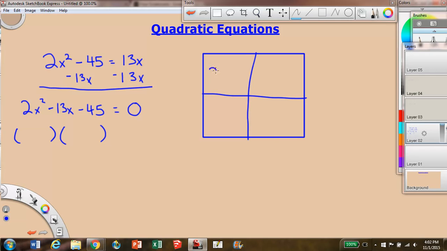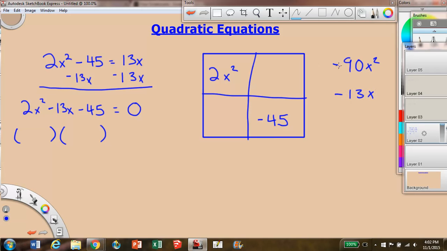So top left is going to be my x squared term. Bottom right is going to be my constant term. Multiply the two together. I need two numbers, or two terms, I should say, that multiply together to equal negative 90x squared, and add together to equal negative 13x.